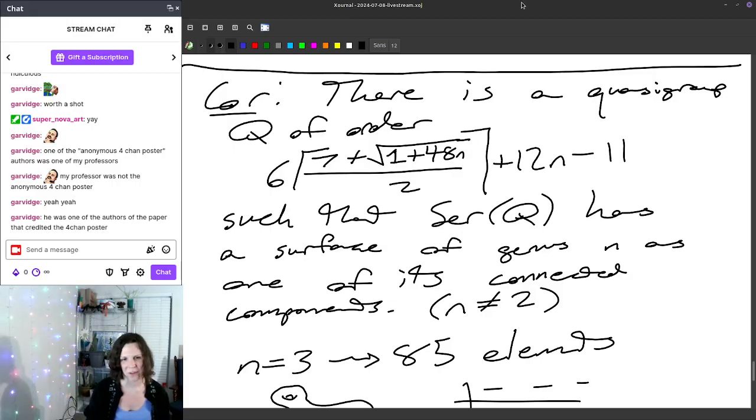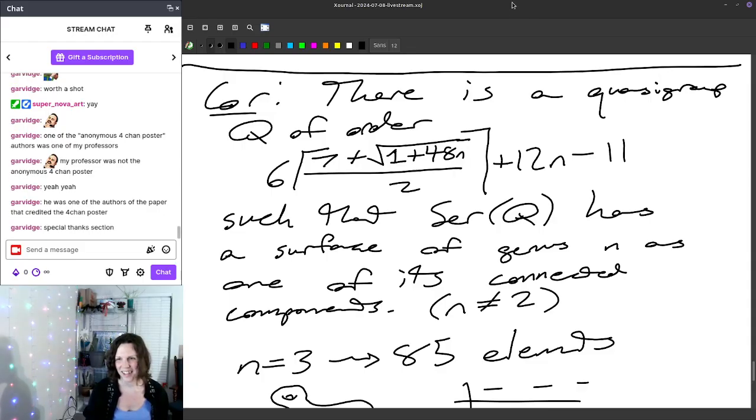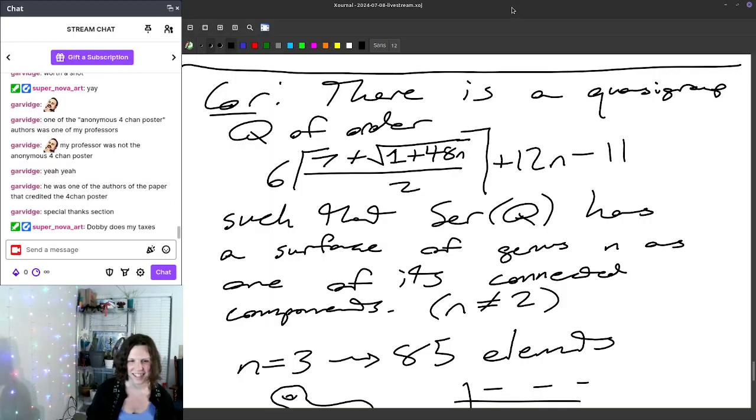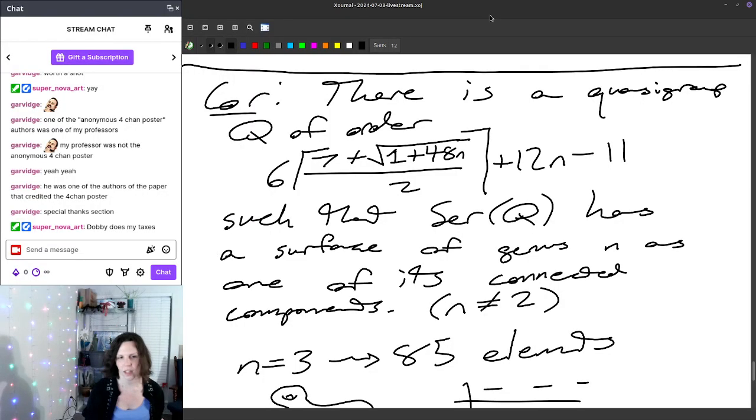Yeah. Well, anyway. That's true. That's why our finances are in such great order, is because Dobby does our taxes. He's only like 35 in dog years, but he's really proficient.